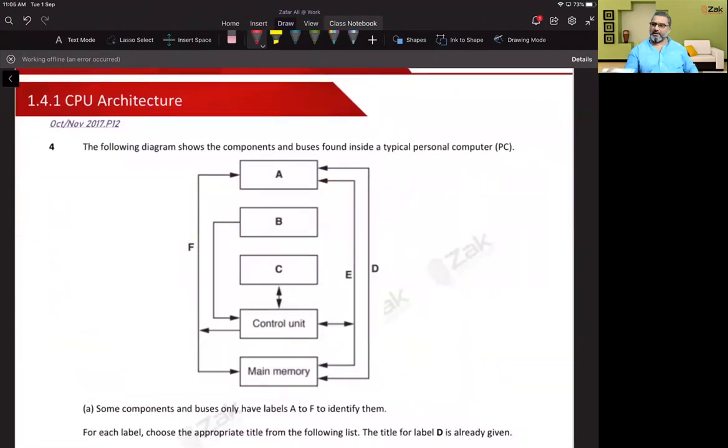This is once again the same, October, November 2017, P12. Now, A was, everything is connected from memory in A. So this is general purpose registers. And then we have got B, it is system clock.